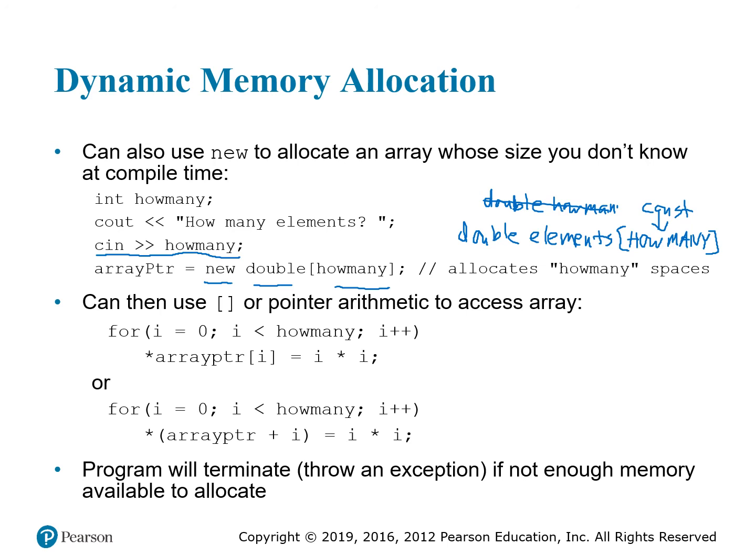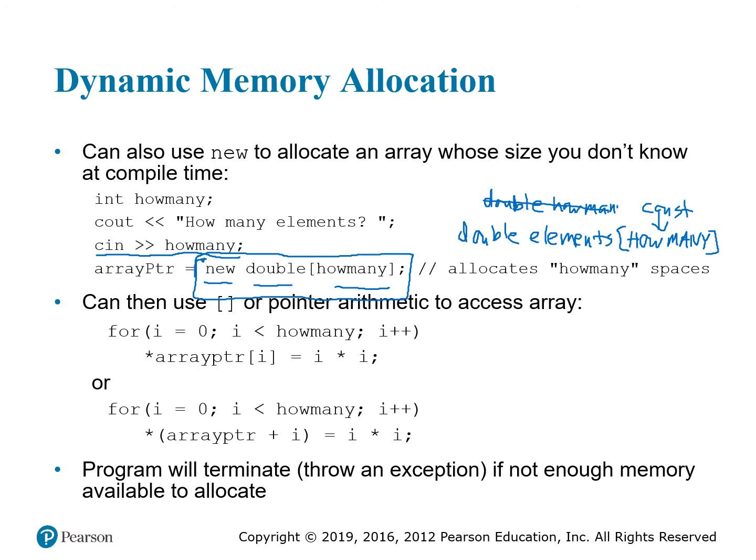This is the new world that we get brought into by using the new operator, is that we can use a number that isn't a constant to set the size of an array.